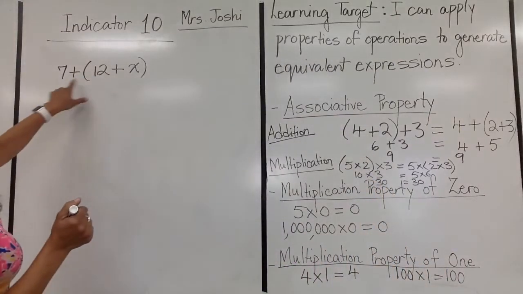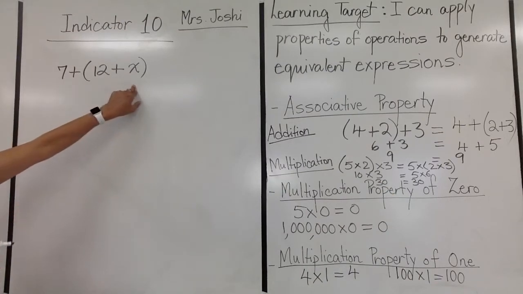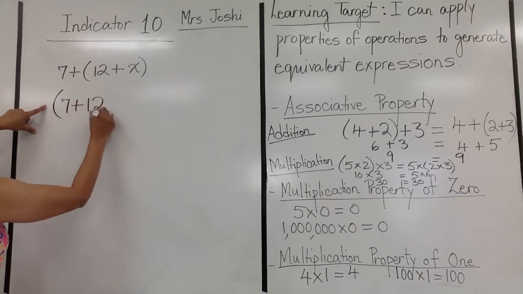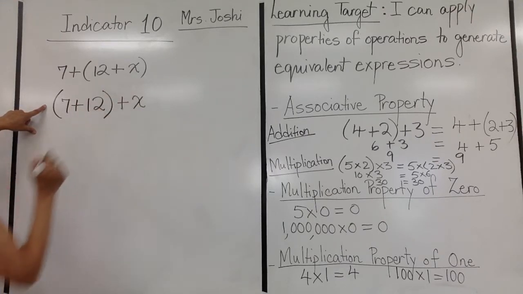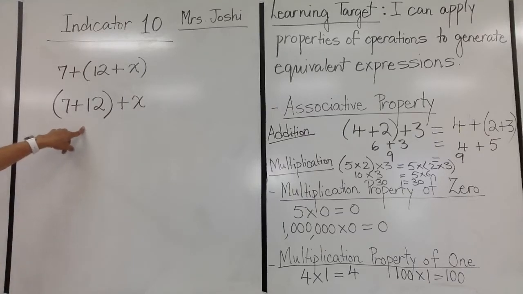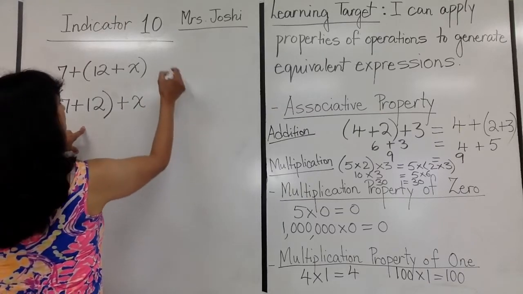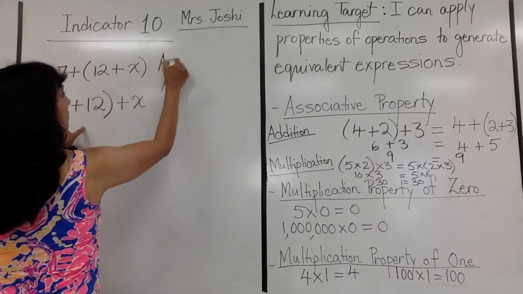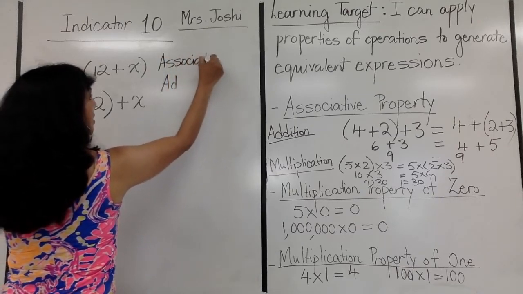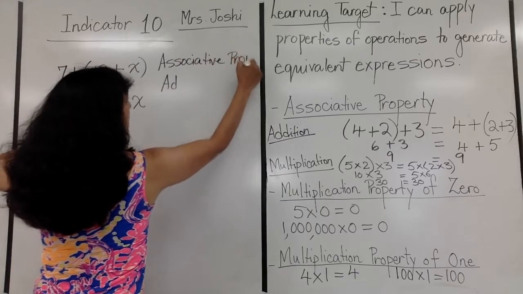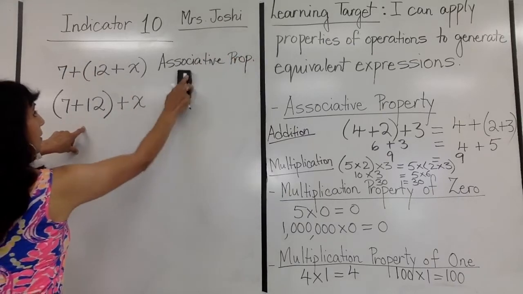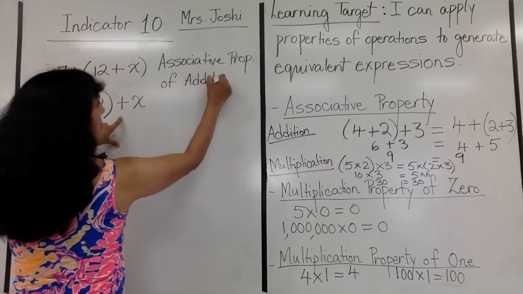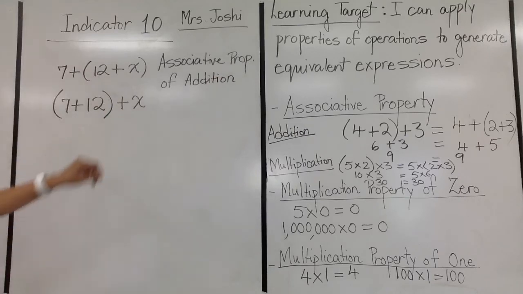So I am going to look at this, and this is grouped over here. So now I know that I have to change my grouping in order for me to be able to add these. When I'm changing that grouping, this is the associative property of addition, because associative property can be of addition or of multiplication.